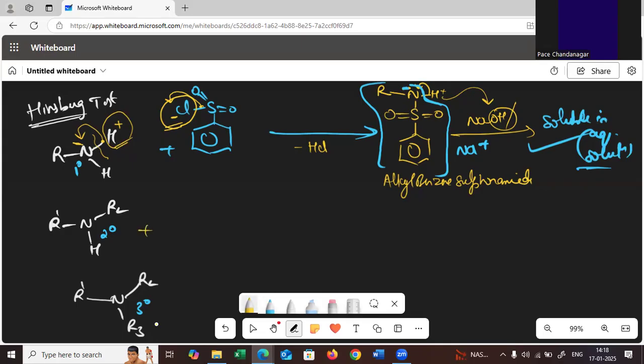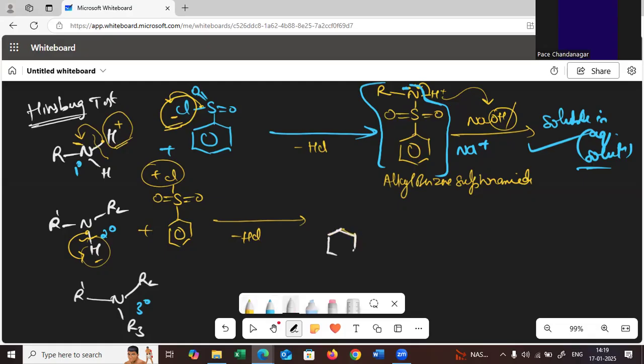Now if I do the same thing with a secondary amine, what will form? Double bond O here, double bond O here, Cl here. Definitely you have one hydrogen here, it comes out, and this chlorine and this hydrogen move out, so minus HCl, and I will get definitely the same structure.